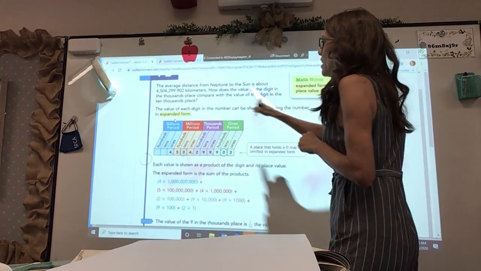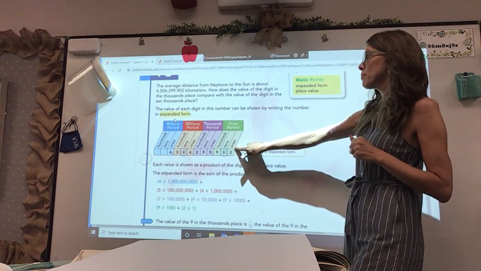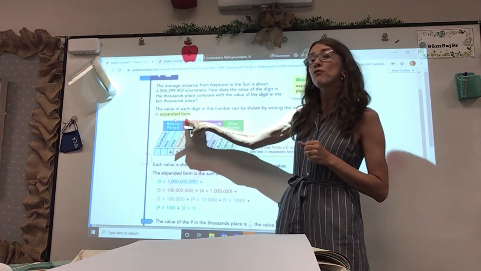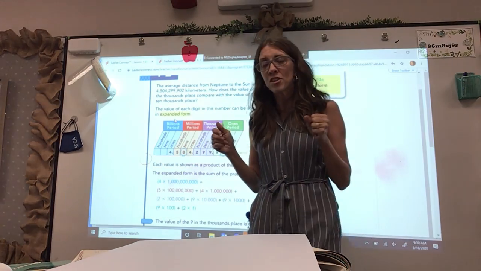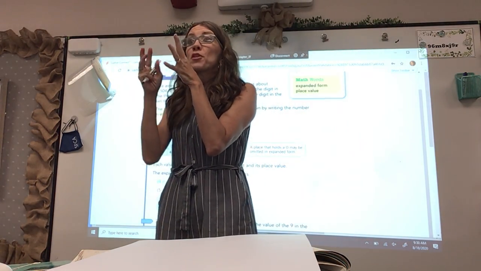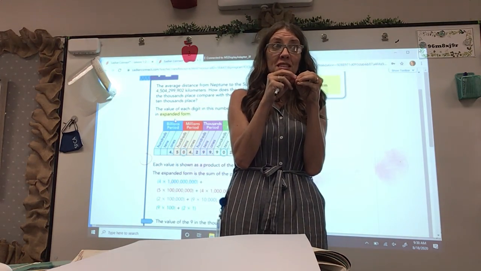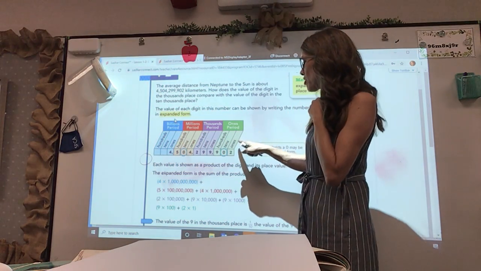The value of each digit in this number can be shown by writing the number in expanded form. You know how we talked about the place of a number and the place value? Place and value. These are the places, right?